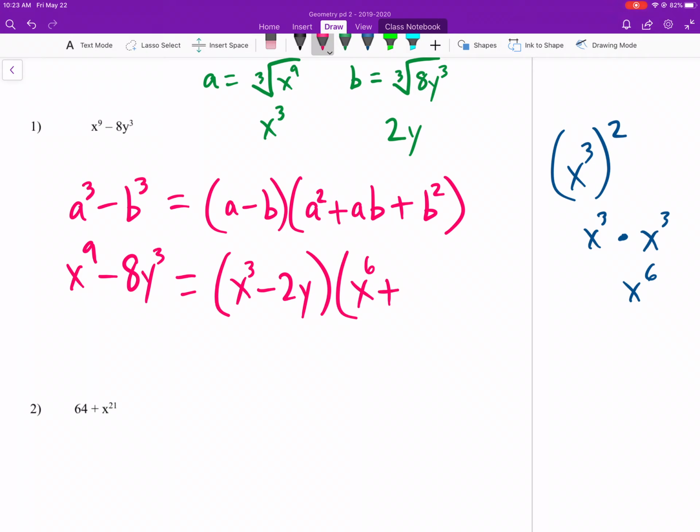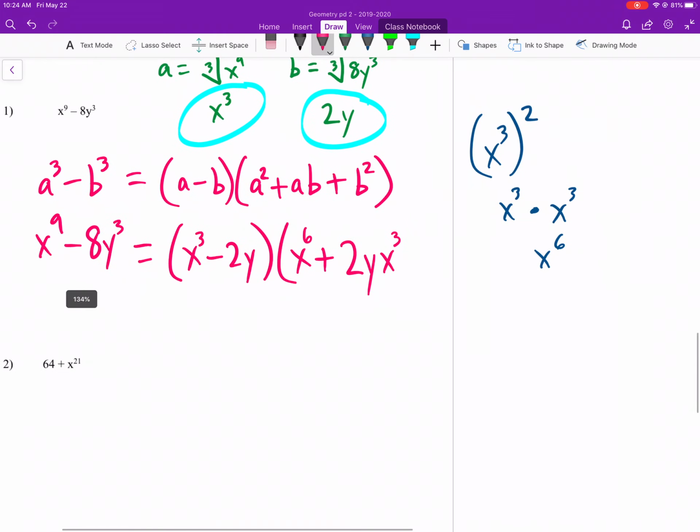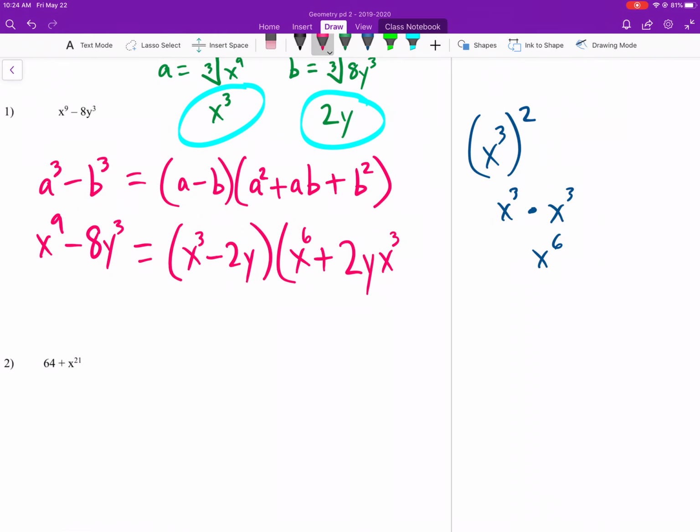Plus A times B. So take these two and multiply them by each other. So 2y times x to the 3rd. We always put the number out front, so it would be 2, and then you could either write y x cubed or x cubed y, doesn't matter. I'm going to write 2y times x cubed. Remember, multiplication can take place in any order. Plus B squared.